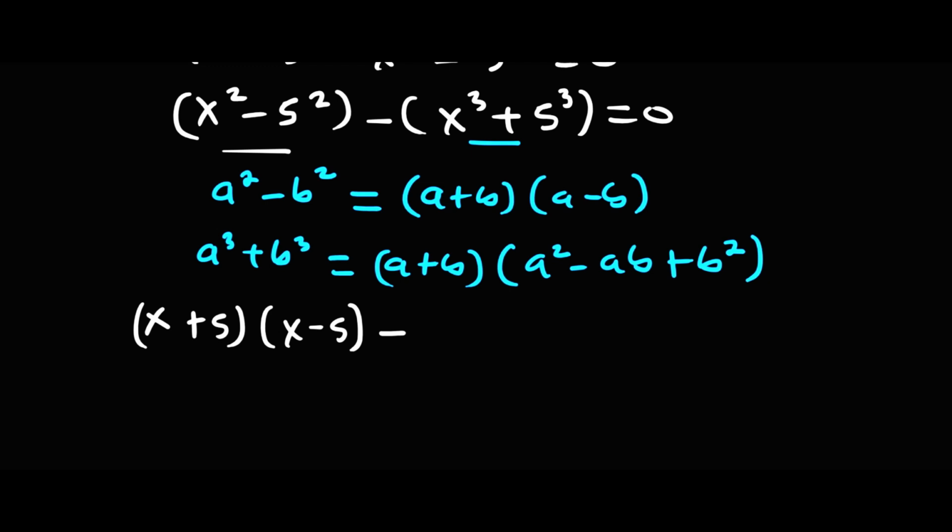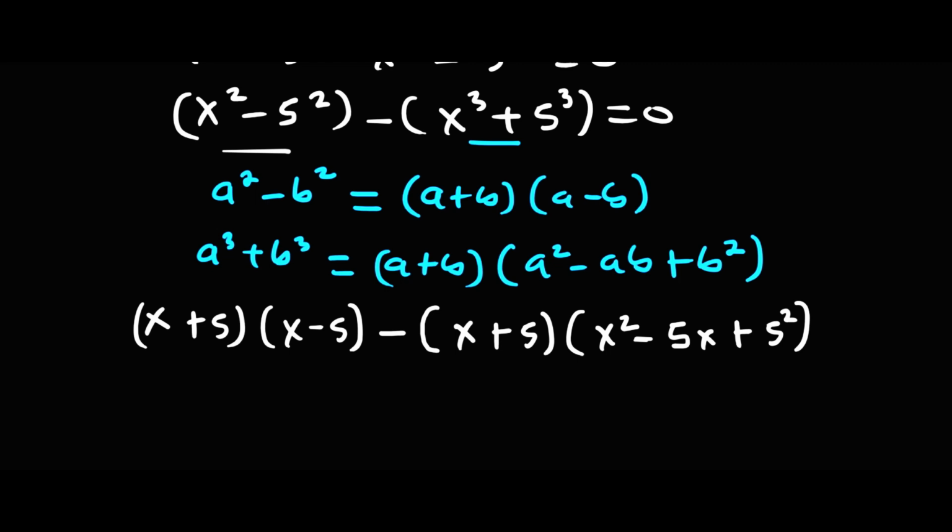Then minus this x cubed plus 5 cubed, which will be x plus 5 into x squared minus 5x plus 5 squared. And that is equal to 0.